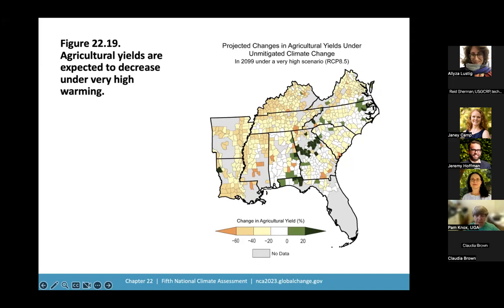We can feed them different feeds and cut down on methane emission, for example, or we can go towards different crops that are better adapted to warmer conditions, such as growing satsuma oranges or olives in parts of the Southeast where they were not able to be grown before. And so while farming is certainly part of the problem and is contributing to global climate change through emissions of greenhouse gases, it's also a huge part of the solution. And we wanted to make sure that that was recognized in this as well.